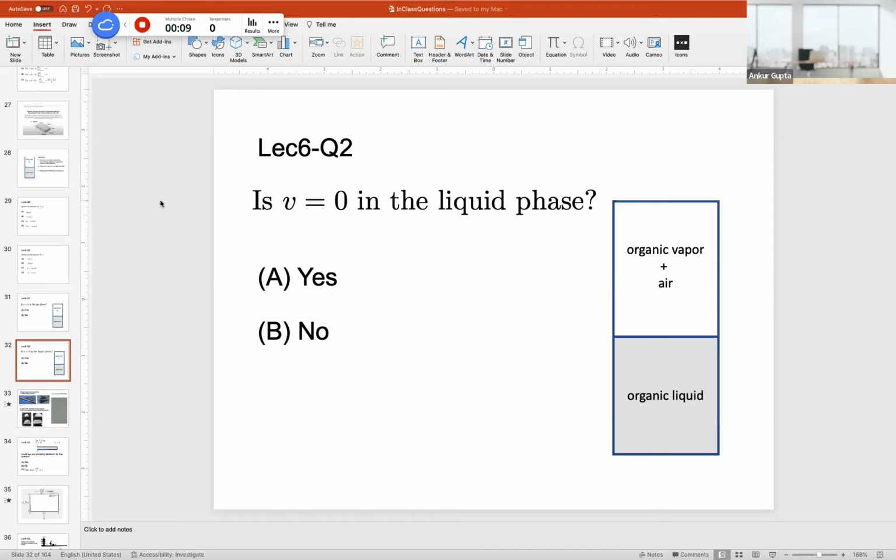Let's do another minute or so. Right. It's a total mass flux divided by volume.